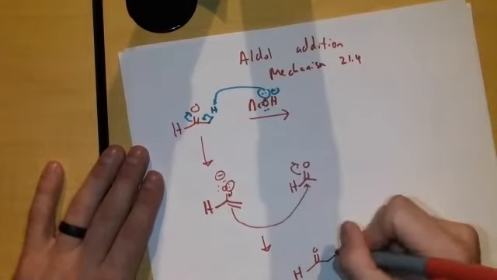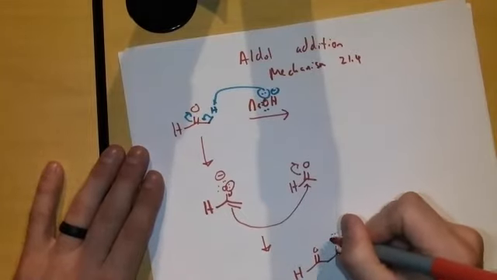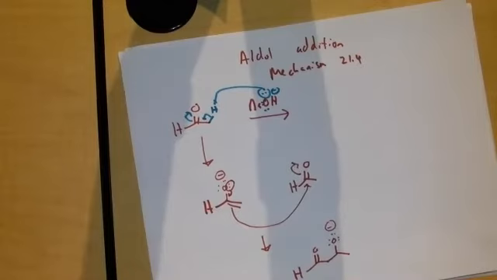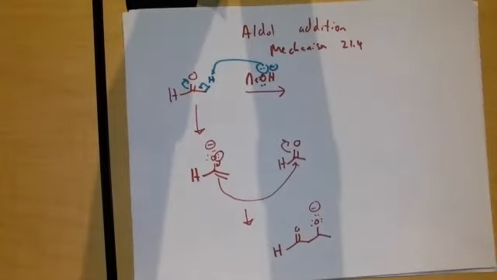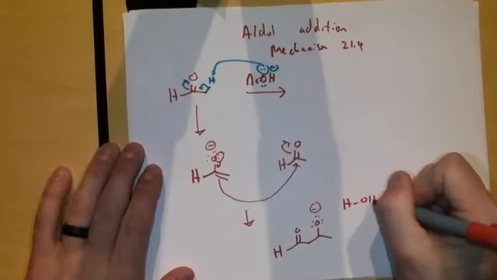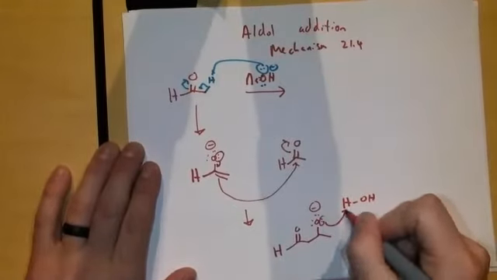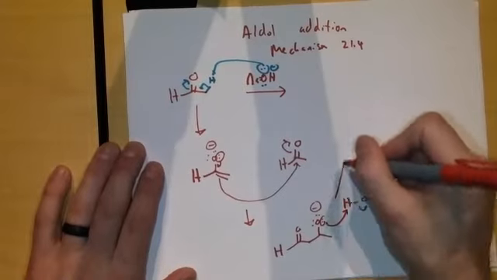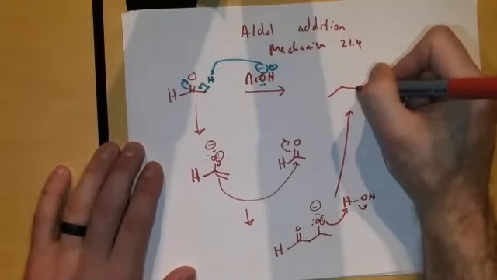We kicked up these, so this is an O- now. And then from here, we made water in the first step so we can pull off that proton, and we're going to get our product.